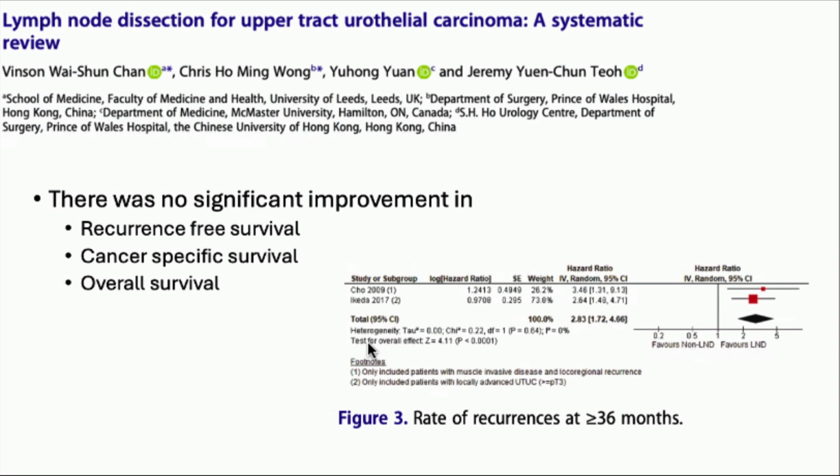However, when they focused on two studies that only included patients with high-risk disease categories, so pT2 and above, the recurrence-free survival did seem to favor lymph node dissection. And these two studies included over 500 patients. As well, they looked at recurrence-free rates at 3 months, essentially.